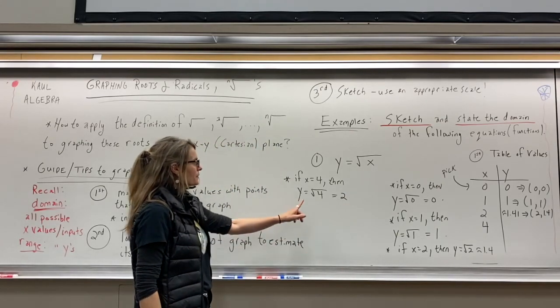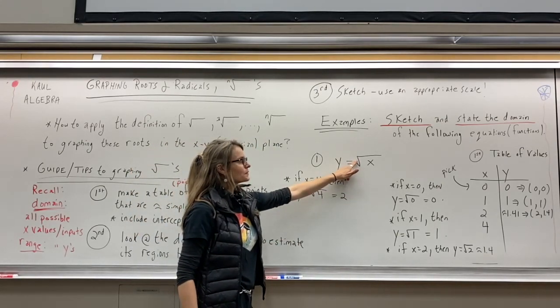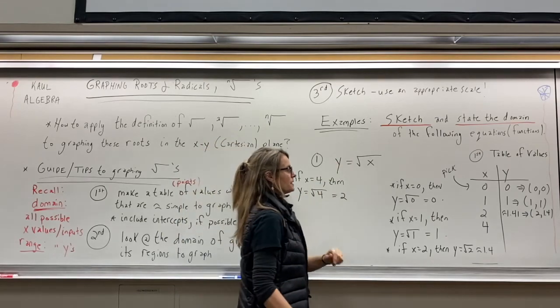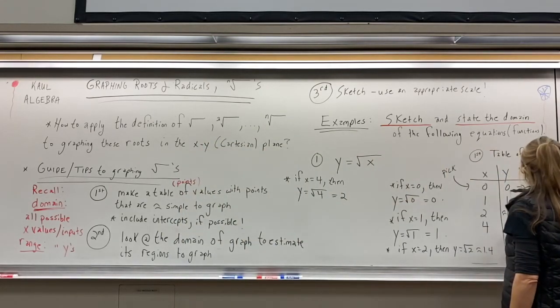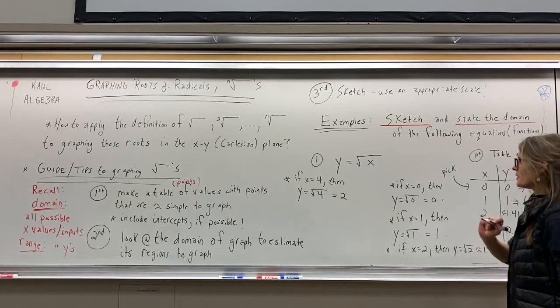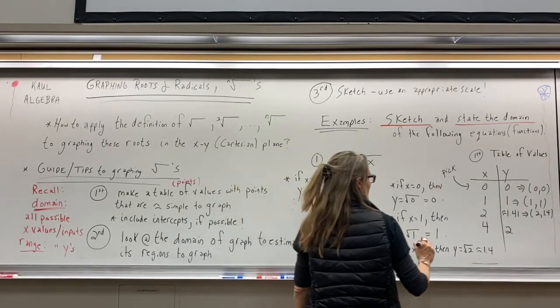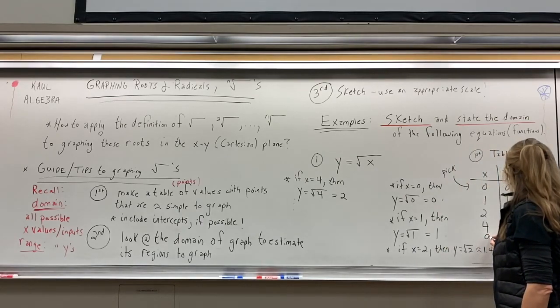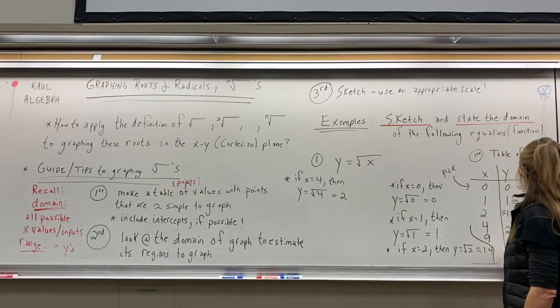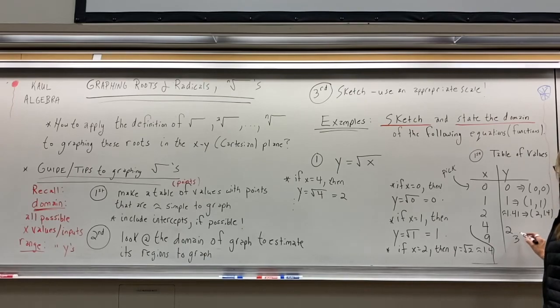Now all these roots come out positive, so remember, this gives me a positive 2. And I could go on with these, dot, dot, dot. I would pick 9. If x is 9, then we get 3. So we have the points (4, 2) on there, (9, 3), etc.